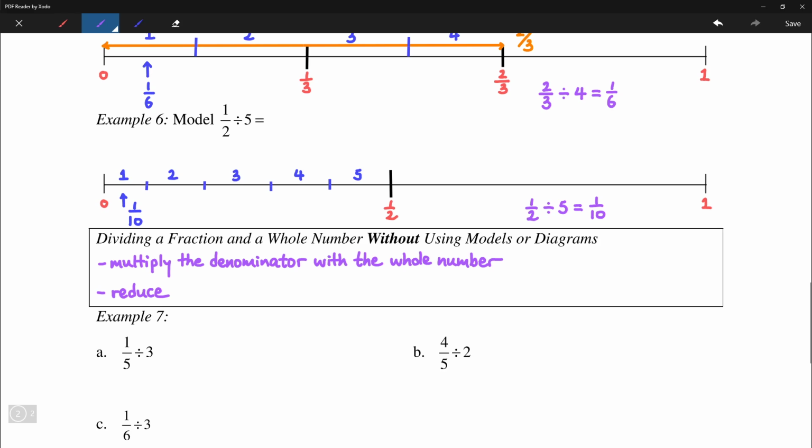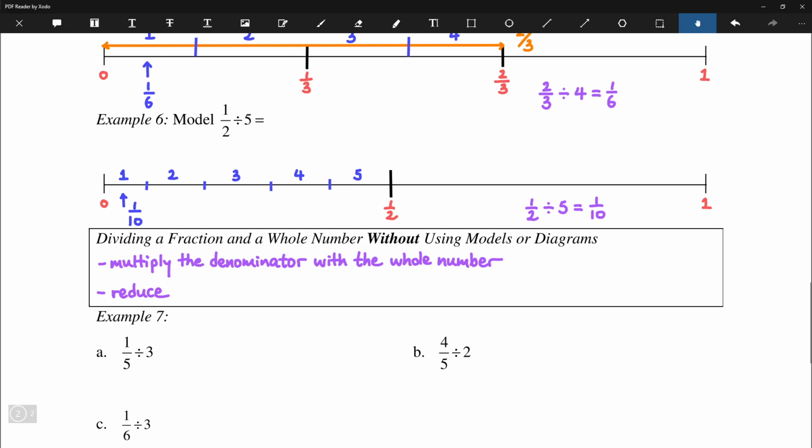Going back to the previous example, we have 1/2 divided by 5. So we can take the denominator of 2 and multiply it by the whole number, and 2 times 5 gives us 10, and so the end result is 1/10, which doesn't need to be reduced.